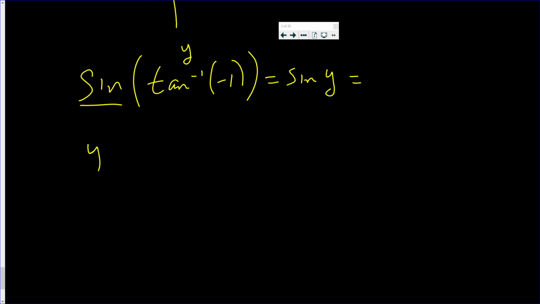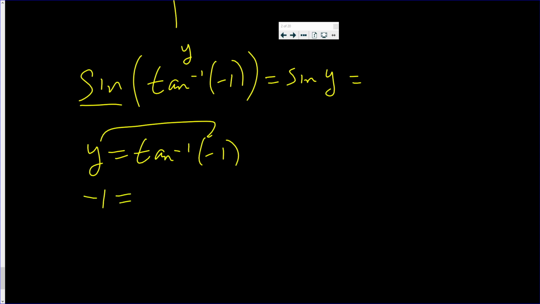Well, if y is equal to the tan inverse of -1, interchanging, this tells me that -1 is the tangent of y, and y is between -pi/2 and pi/2.